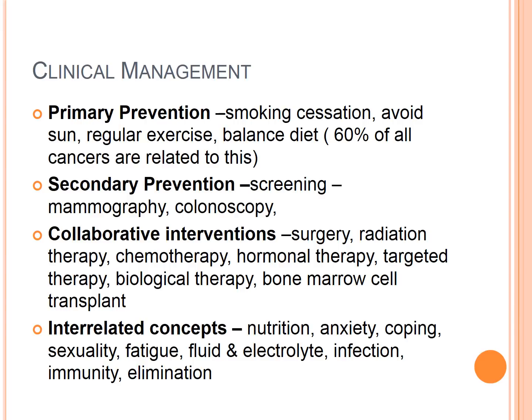So as you can see there, it says 60% of all cancers are related to this. Isn't that pretty crazy? So 60% of cancers are related to an unbalanced or unhealthy diet. That's a huge percentage.